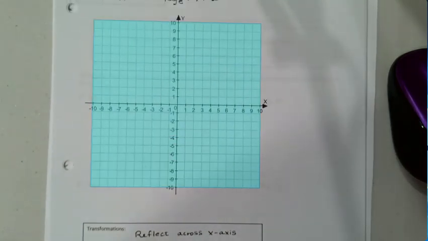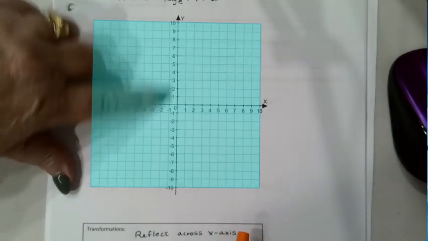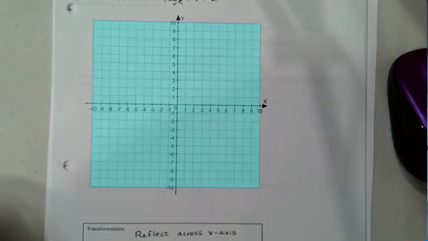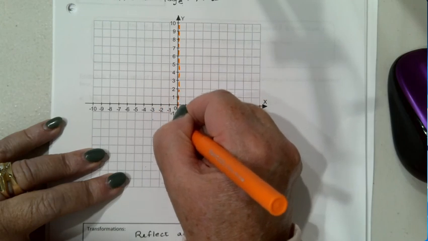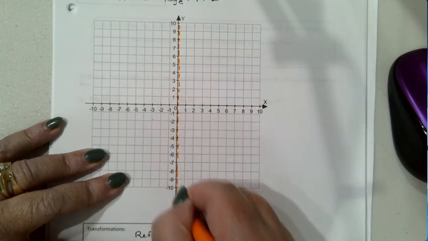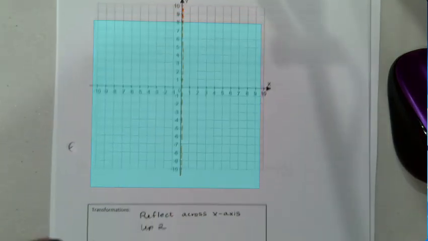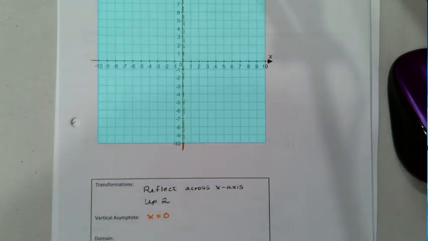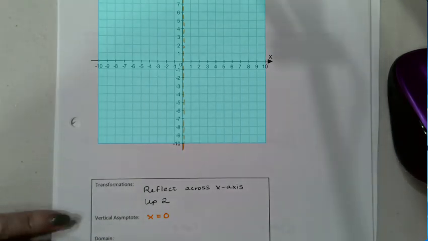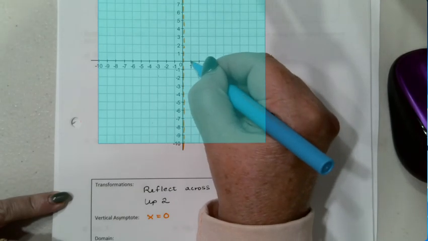So, thinking about my vertical asymptote, right, which was the y-axis, when the graph flips, the vertical asymptote stays on the y-axis. And shifting up 2 doesn't change that vertical line either. So I think x equals 0 is going to continue to be the vertical asymptote. As far as the x-intercept, it was over here at 1, 0.